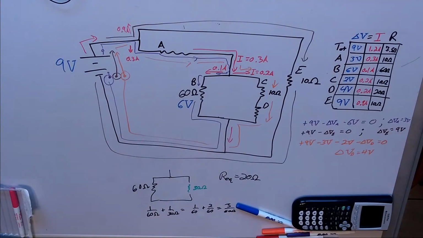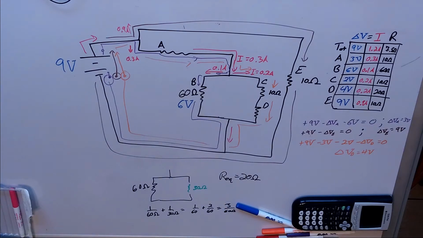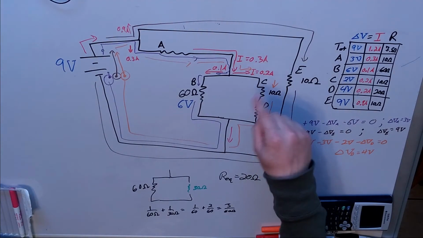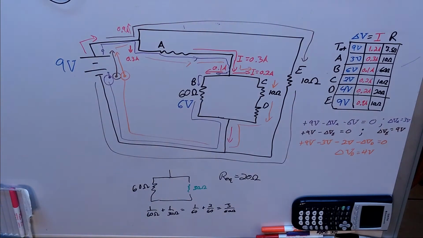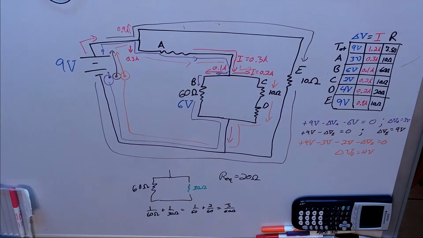Now, real quick, 20 ohms is less than 30 ohms and is less than 60 ohms. Once again, the total equivalent resistance for parallel must be less than any of the ones in an individual branch, or the collective for the branch, I should say. 20 is bigger than 10, but the total resistance of this is 30.